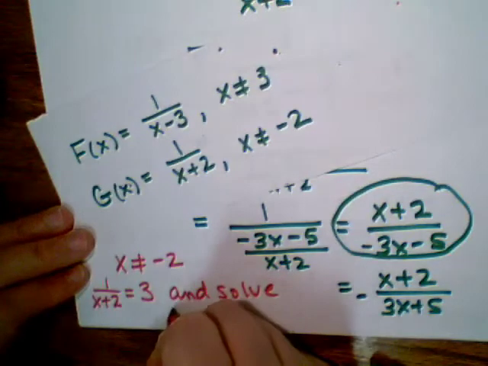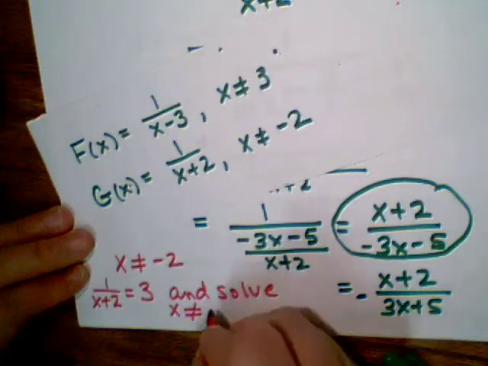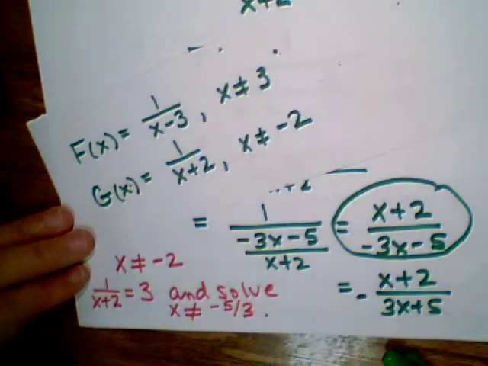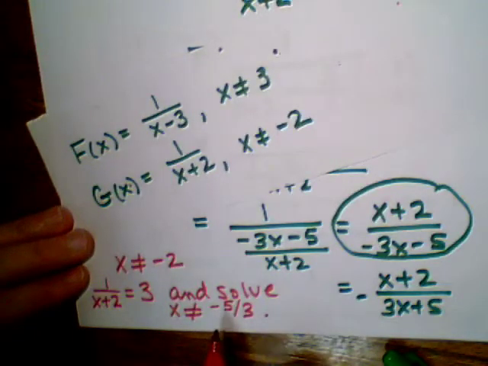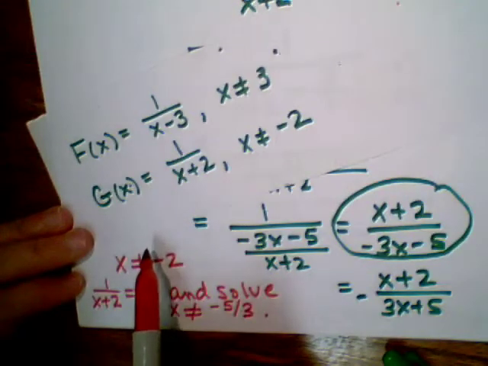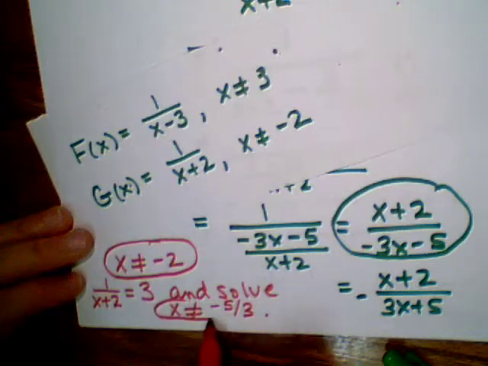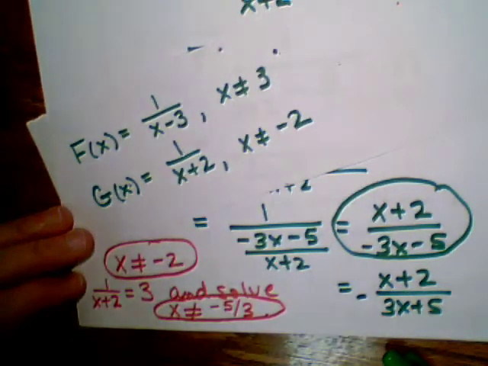But you're going to get another value of x that we're going to have to exclude, and that is going to have to be negative 5/3. You might want to pause it this time and think about this red part here. The domain of our new composition function is all real values except negative 2 and negative 5/3.